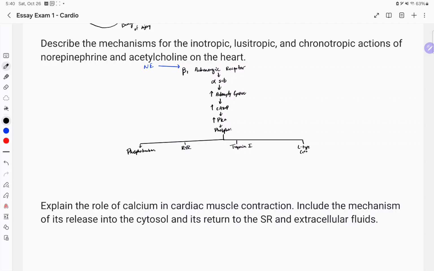Something we could also note here is that the alpha subunit is going to interact with the L-type channel directly as well.